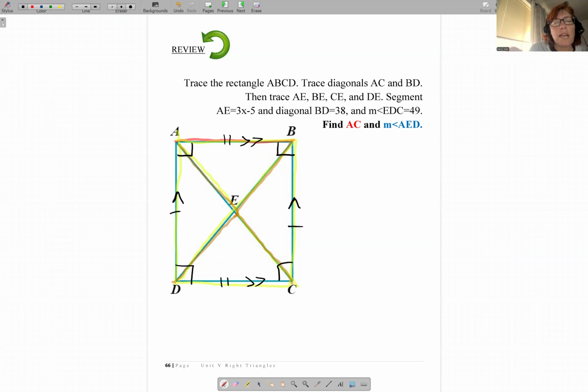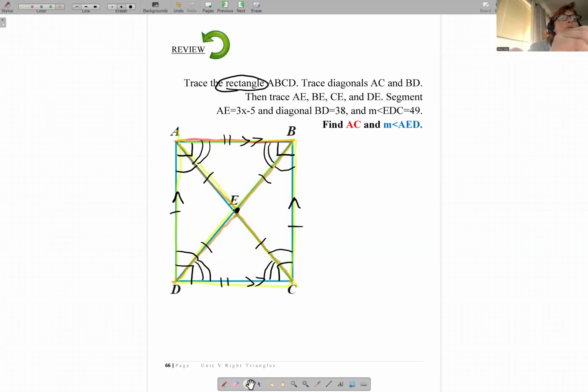By tracing AE and BE and all of those, you should have felt that all these pieces are equal, which means two equal sides, two equal angles, which means these angles here are equal, and these angles here, two equal sides, two equal angles all the way around. Keep that in mind, two equal sides, two equal angles. We get all of this information just from the word rectangle.